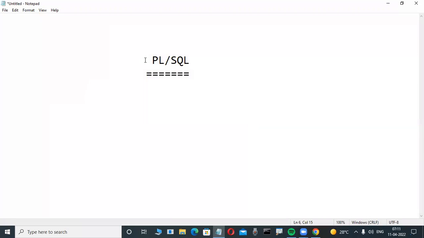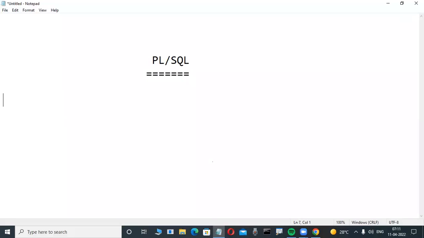That's why they introduced an extension of the SQL language called Procedural Language extension for SQL. They introduced procedural language concepts and embedded them into SQL, and through that we achieve many tasks. What is that? I will tell you.